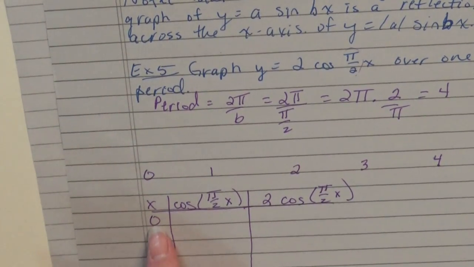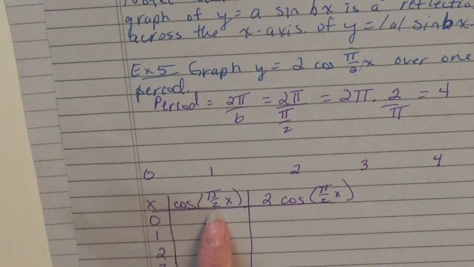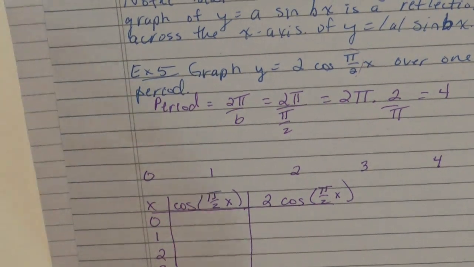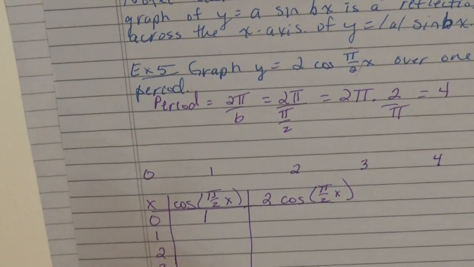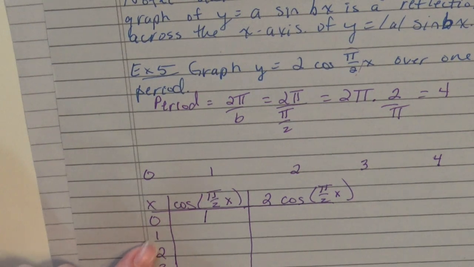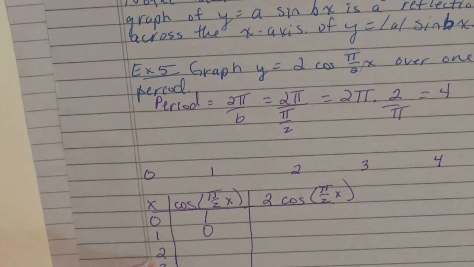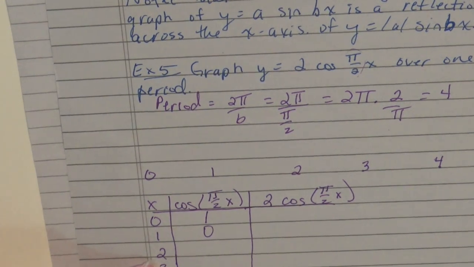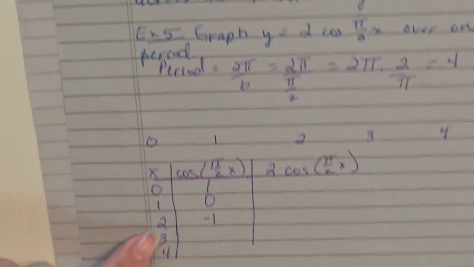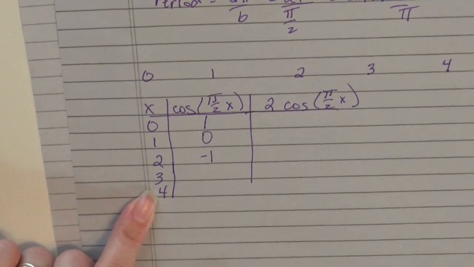So if I put 0 in for x, this gives me cosine of 0, and I know cosine of 0 is 1. If I put in 1 for x, that gives me cosine of pi over 2, and cosine of pi over 2 is 0. If I put in 2 for x, I've got cosine of pi, and cosine of pi is negative 1. When I put in 3 for x, I get cosine of 3 pi over 2, and that one is 0.